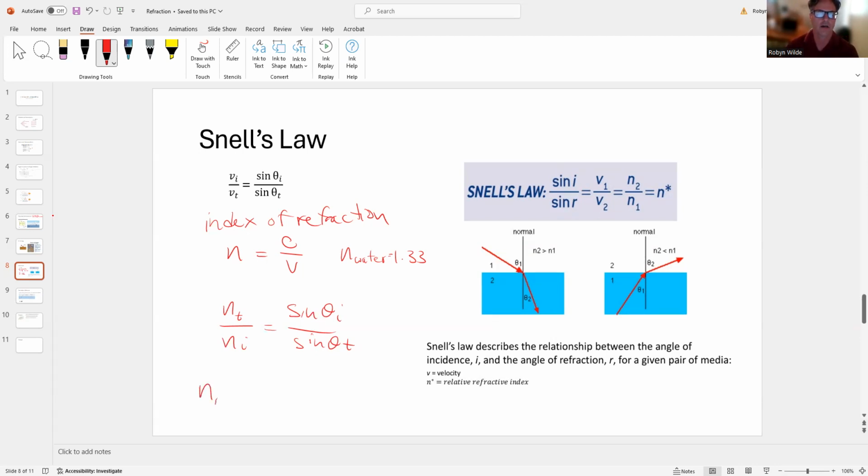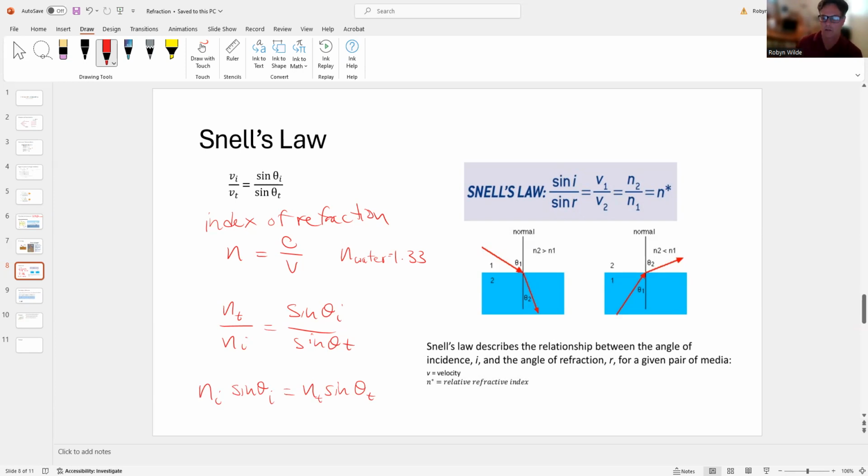So another way that is often written is n_i sine theta_i equals n_t sine theta_t. So this is Snell's law. This will tell me, if I know the incident angle and the indices of refraction of the media, how to calculate the refracted angle, for example. And so you can see, just another way of writing it here.